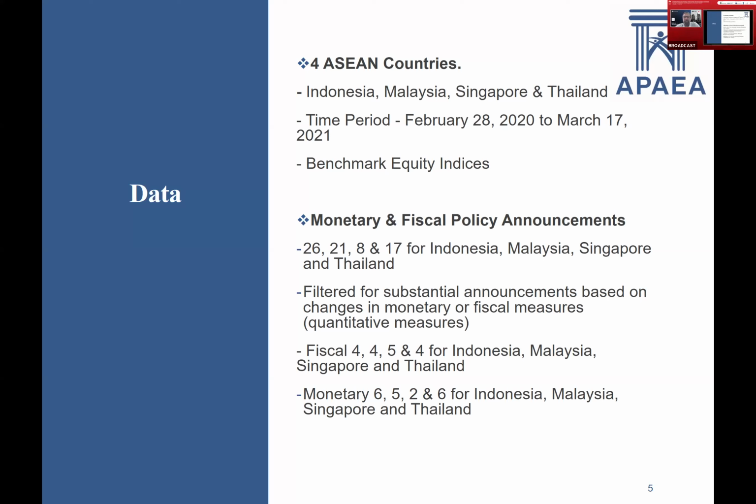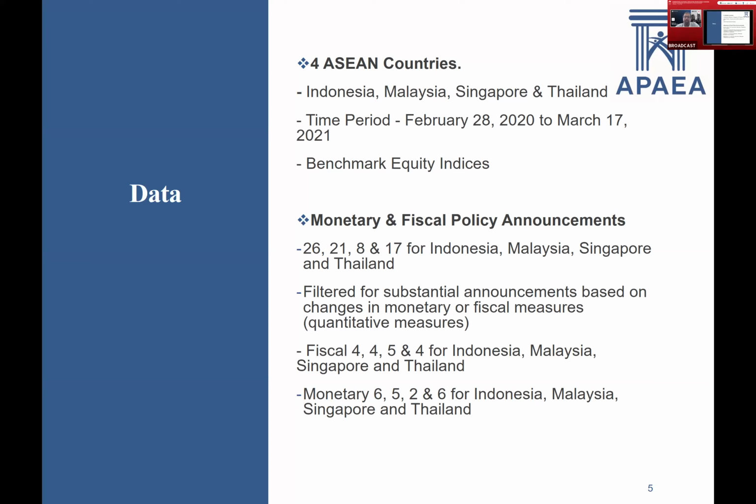And after filtering, we said that there were some announcements in the whole data which were just more of guidance announcements, not any substantive quantitative measures taken. So filtering on that, what we actually end up getting is that in terms of fiscal policy announcements, there were 4 for Indonesia, 4 for Malaysia, 5 for Singapore, and 4 for Thailand.